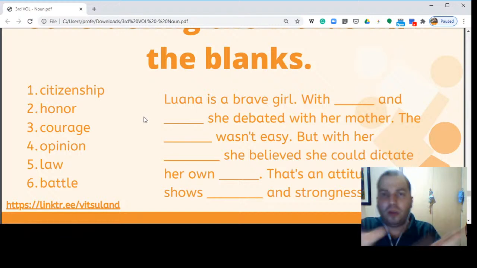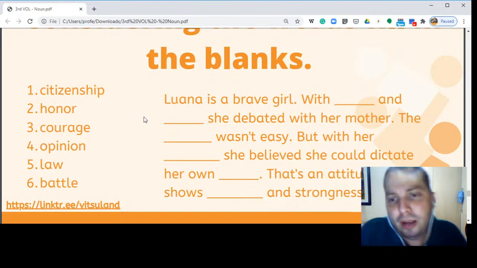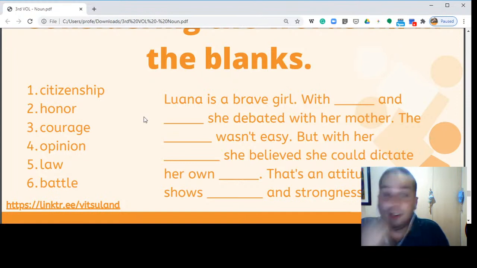So we can use with honor and courage, for example, or with courage and honor, okay? She debated with her mother. The blank wasn't easy. In this case, there's just one option. Battle. The battle wasn't easy.